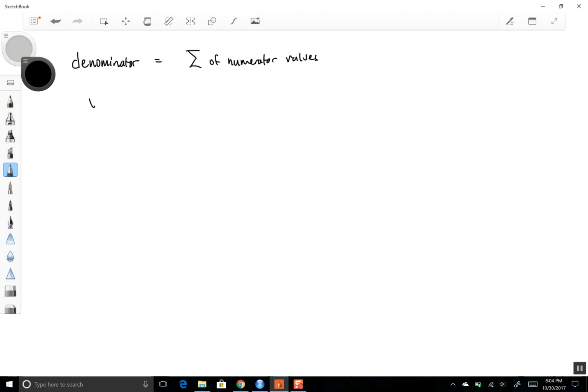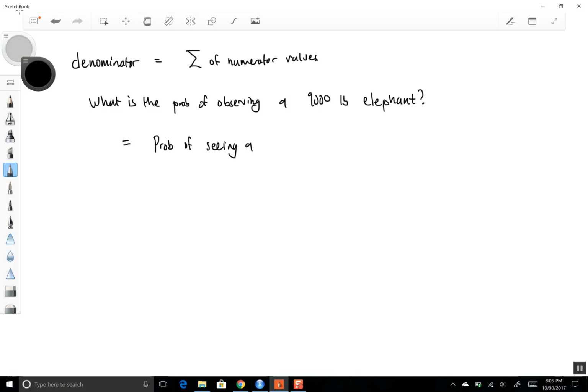Basically, what is the probability of observing a 9,000 pound elephant? Okay, and this is equal to the probability of seeing a 9,000 pound male elephant plus the probability of seeing a 9,000 pound female elephant.